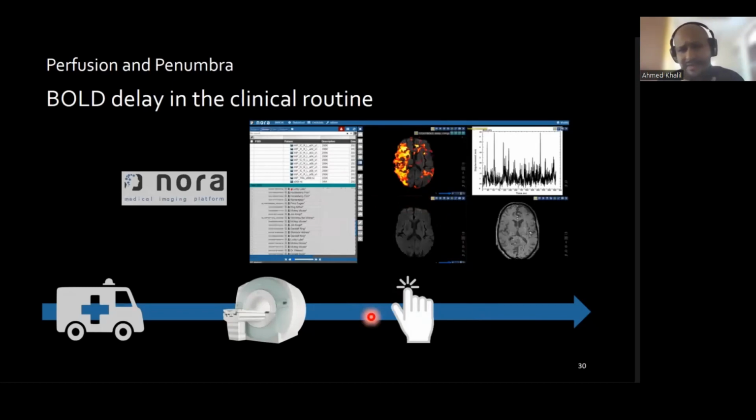And this scan can then be immediately analyzed and processed in real time by the radiologist on duty, with just 2 or 3 clicks, and the results are then visualized to both the radiologist and the treating clinician in order to help make decisions about how to treat these patients. We have this all wrapped into a software platform called Nora that we use, and this has been very, very helpful. And then treatment decisions can be made after that.